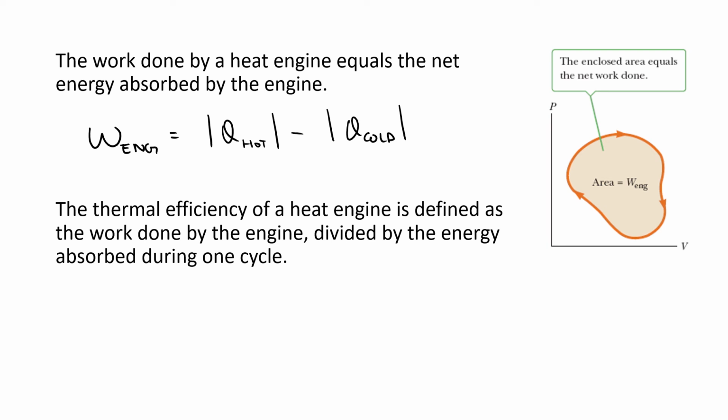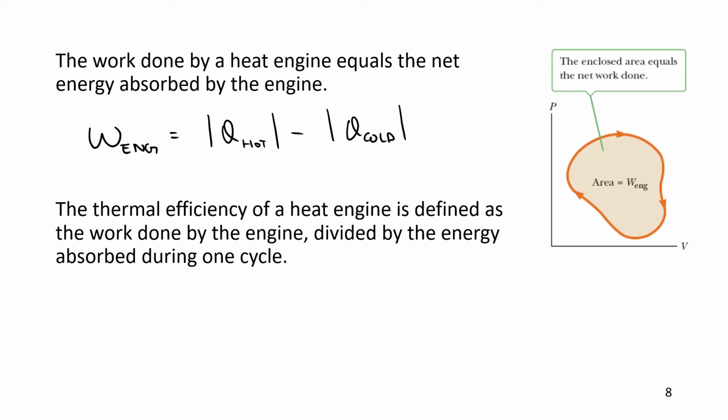How do we make a more efficient engine? Well, we just look at the amount of work that it can produce, and we look at where that efficiency is fading off. Where is it wasting energy?